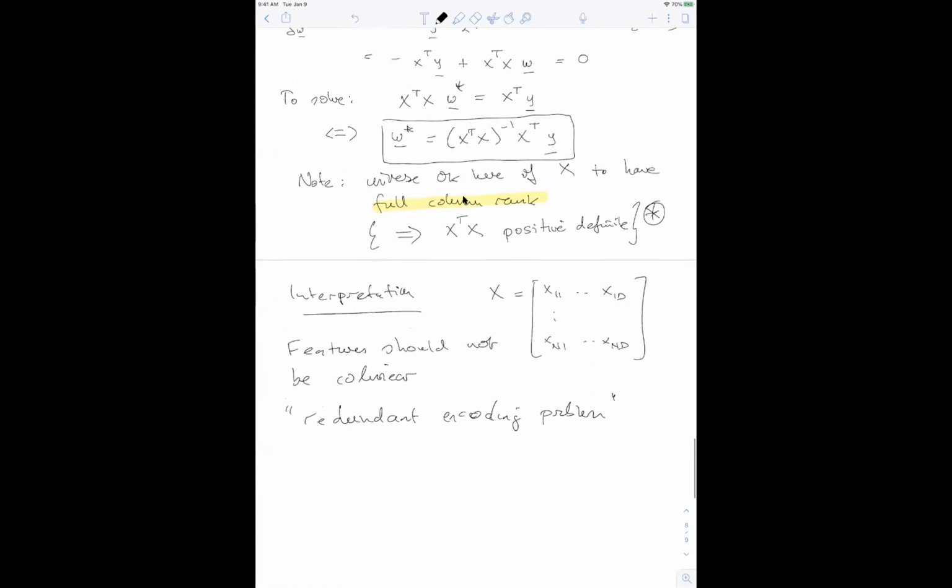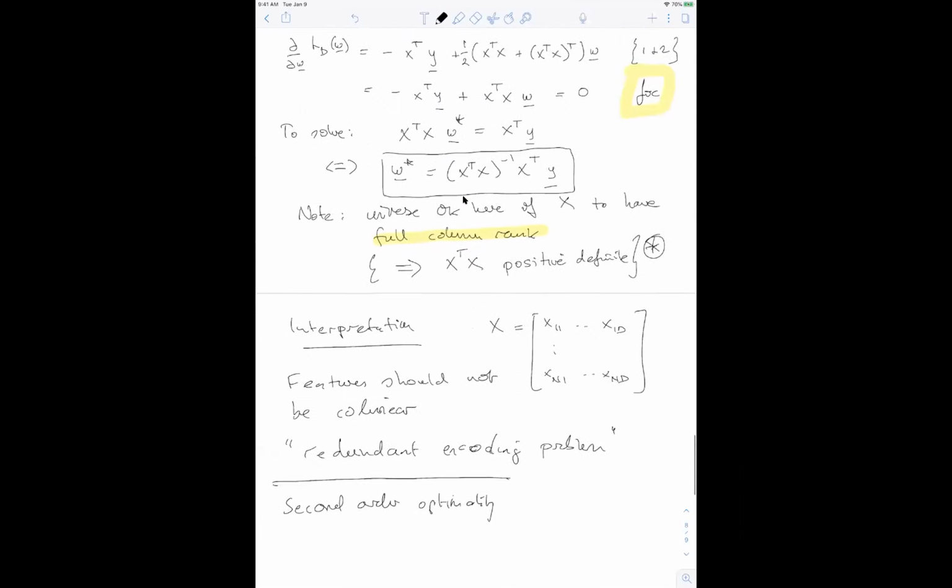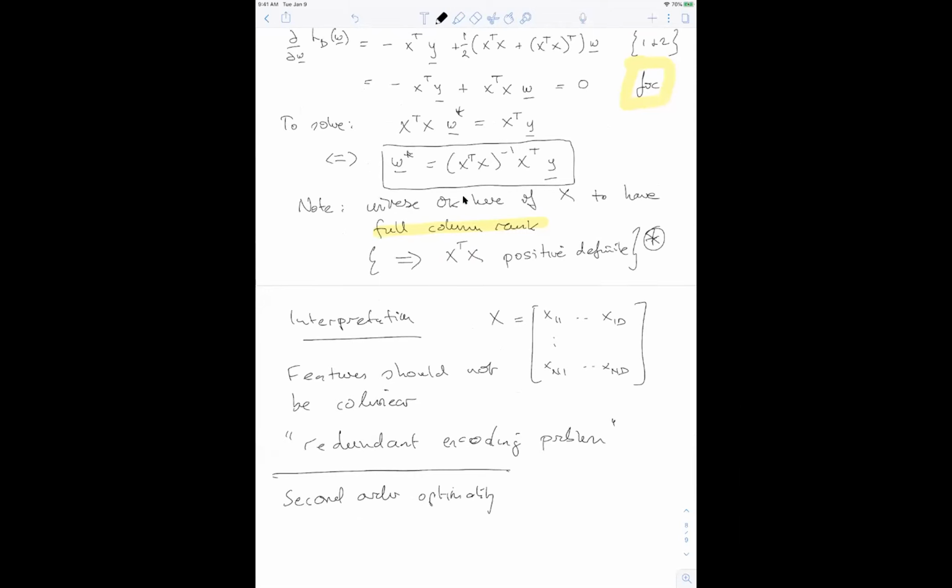What I do want to do is, this was just the first order optimality condition. We didn't yet take the second order optimality. So I do want to just quickly write that down. So let's take the second order derivative of our loss function. And we have the first order derivative here. So I just take the derivative of this again. This term doesn't depend on W. This term does.